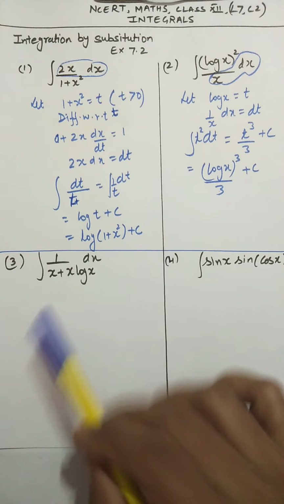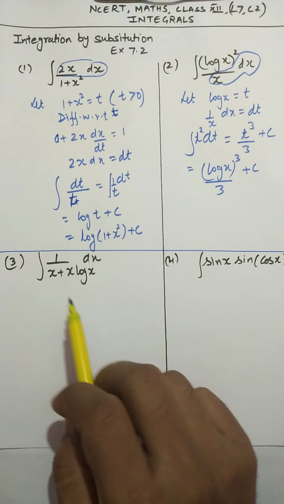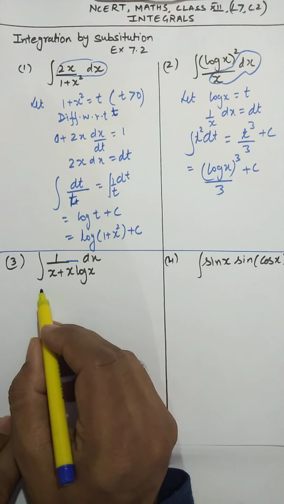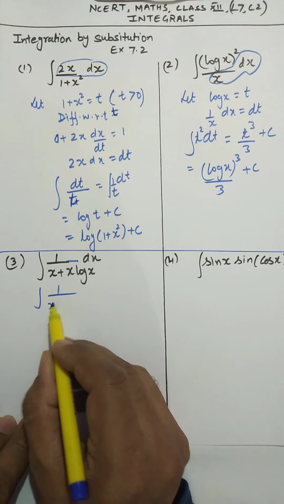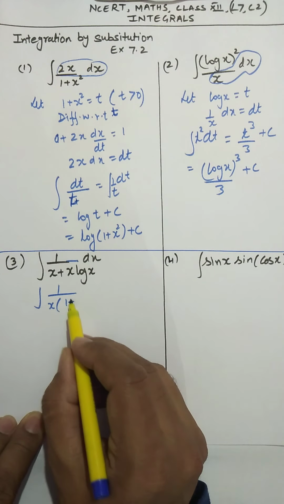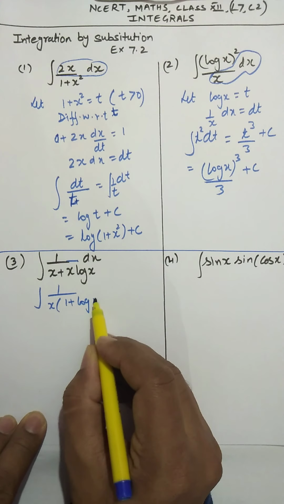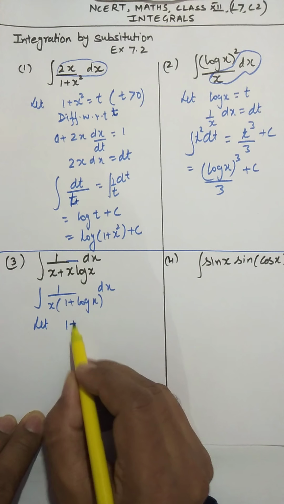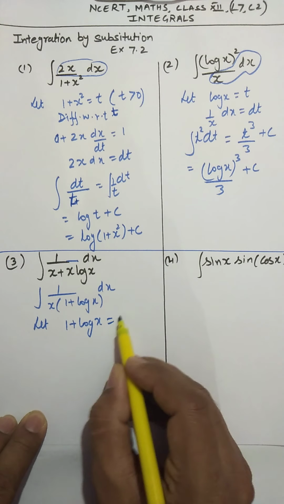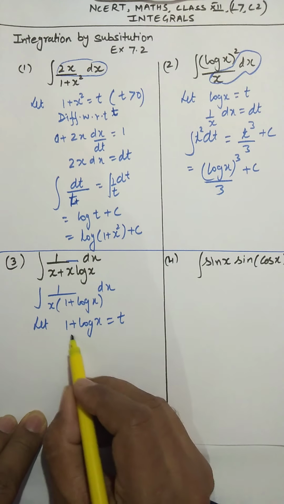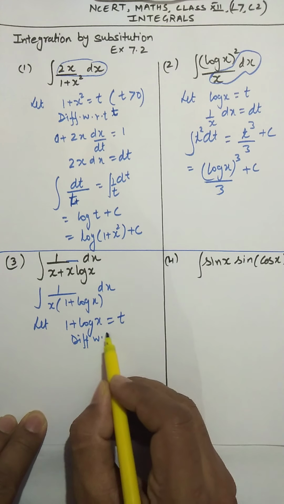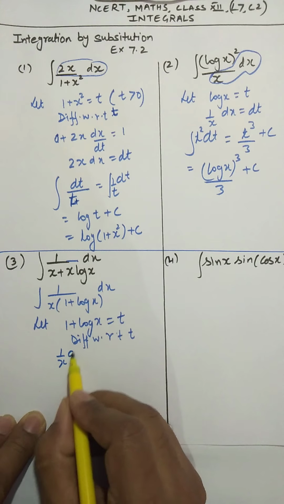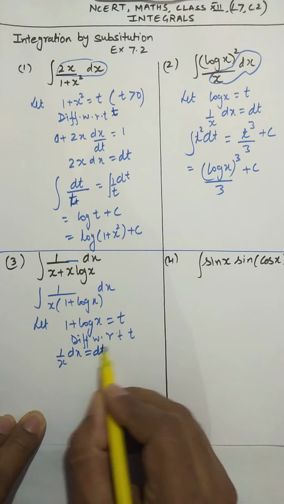Now see this question number 3. This is 1 upon x plus x log x. So we can simplify this first: we can take x common, and then it will be x into 1 plus log x, this is dx. So you can start with let 1 plus log x as t. So differentiate with respect to t, so you are going to get 1 upon x dx equal to dt.